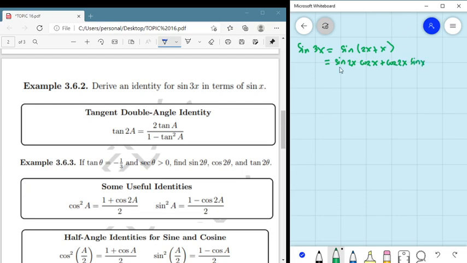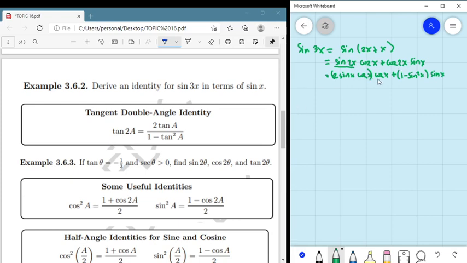Since sine 2x is the same as 2 sine x cosine x, then times cosine x, plus cosine 2x, which can be replaced with 1 minus 2 sine squared x, times sine x.